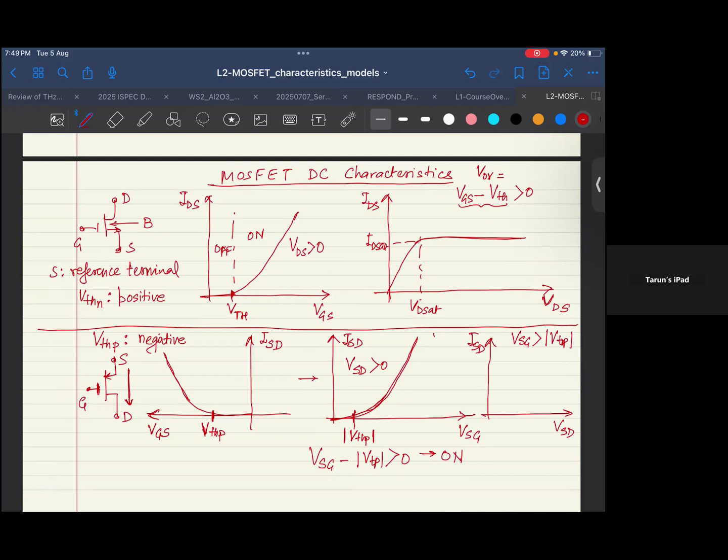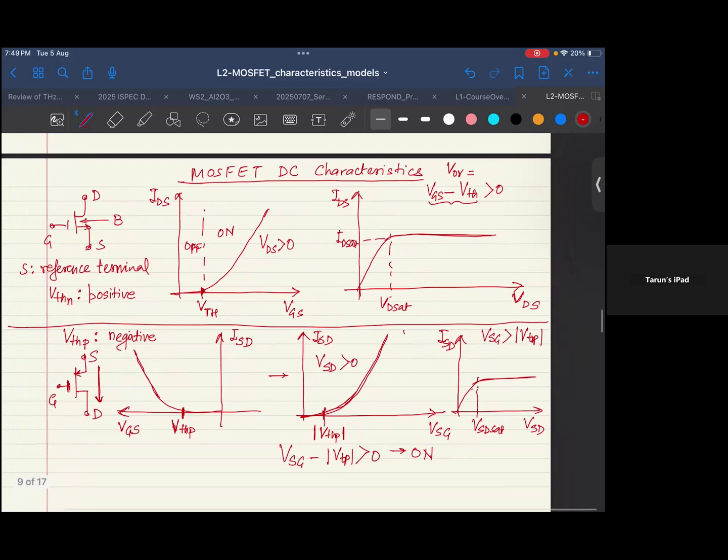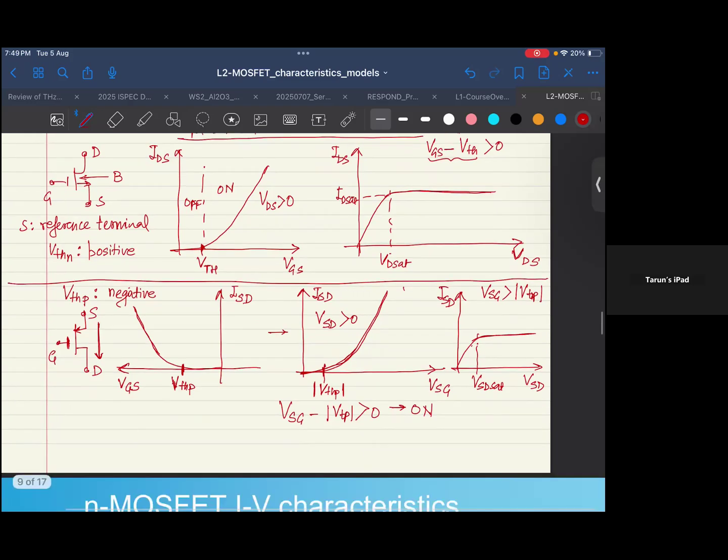For this condition, we still see the same characteristics, and this is just VSD. So everything is the same. If you see in the characteristics, when you reverse the terminal nodes, instead of VGS we say VSG, and instead of VDS we say VSD, it just follows through, right?